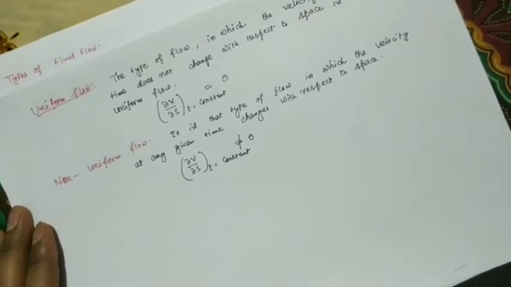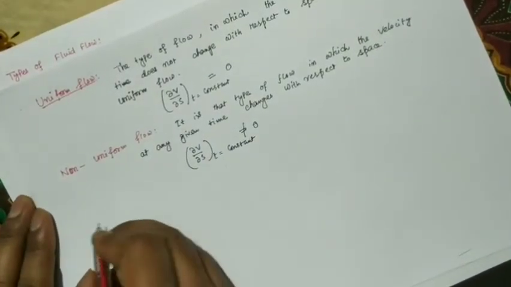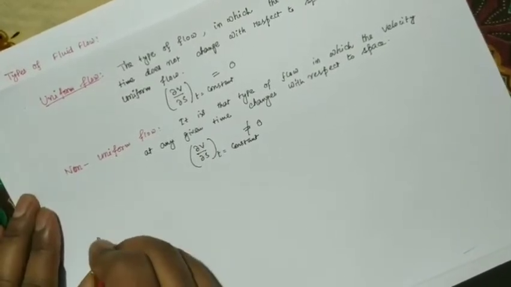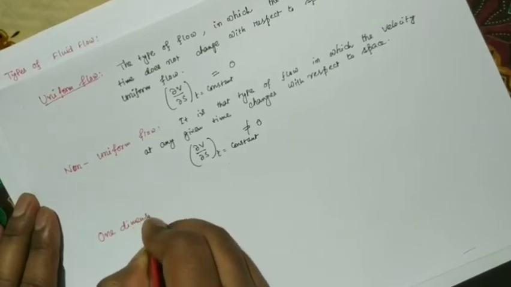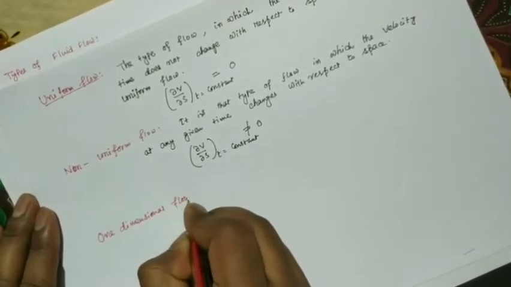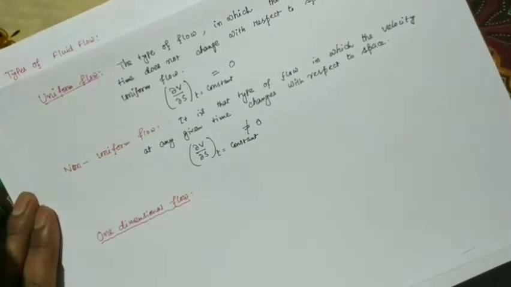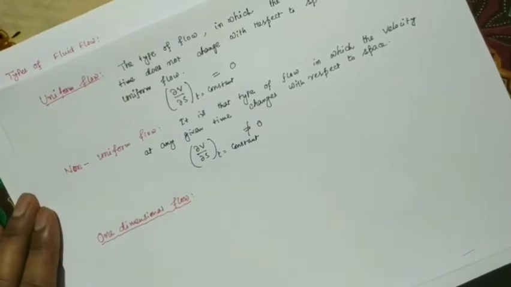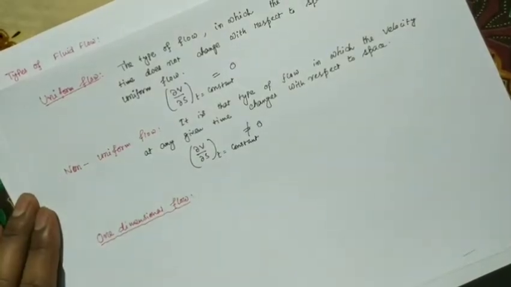Okay, now one dimensional flow. What is one dimensional flow? This is the type of flow in which the flow parameter such as velocity is a function of time and one space coordinate only.